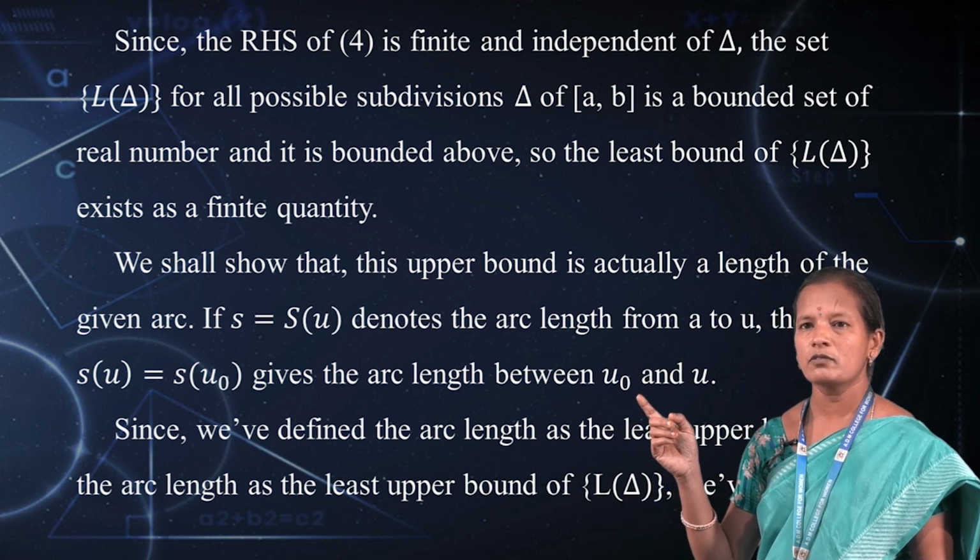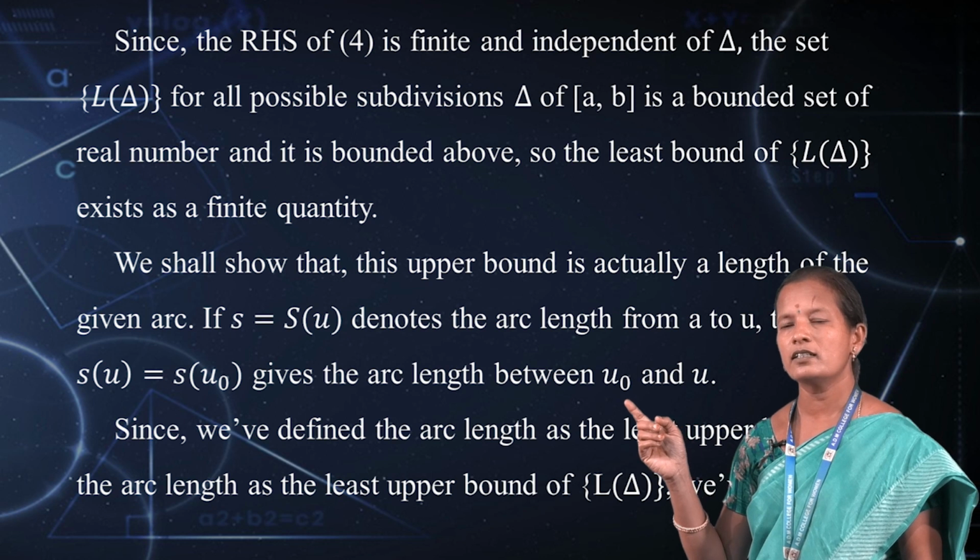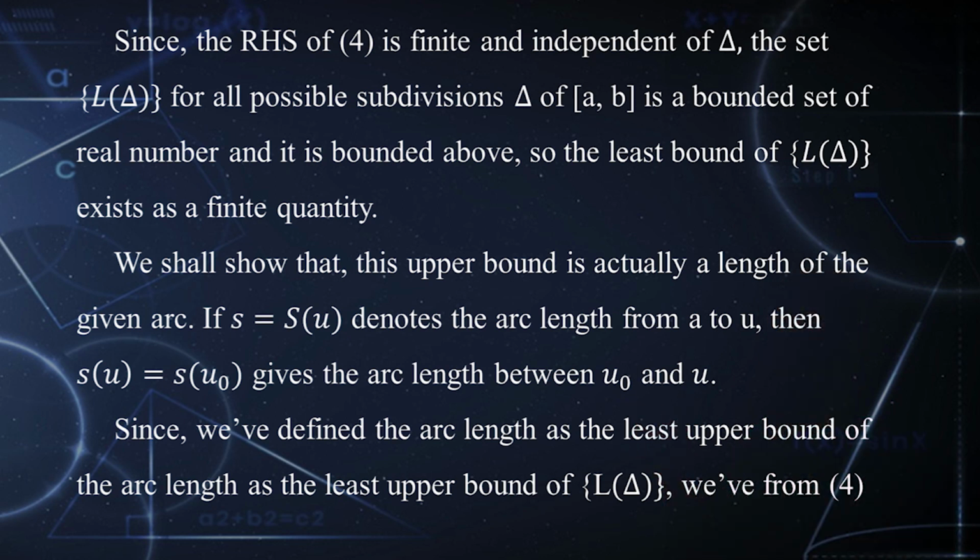If S is equal to capital S of u, it denotes the arc length from A to u. Then S of u minus S of u naught gives the arc length between u naught and u, where u naught is the smallest, that is A is equal to u naught, and u is equal to b.